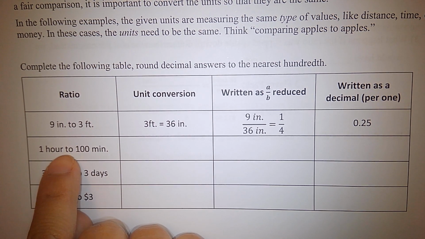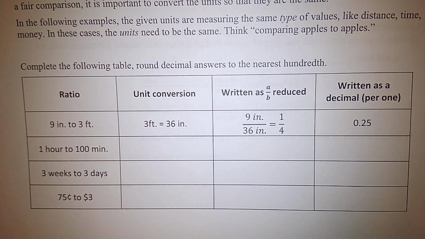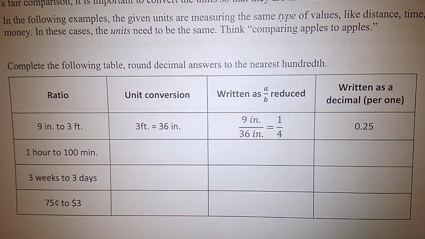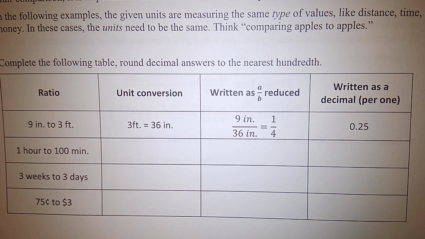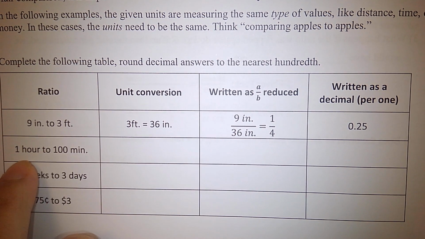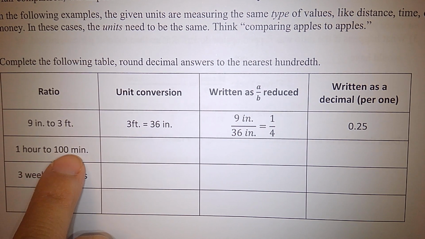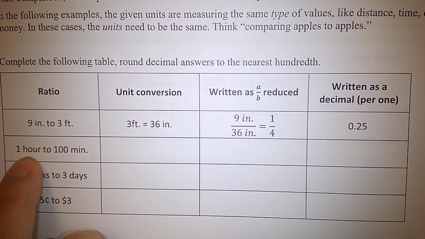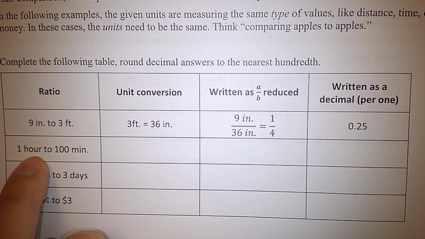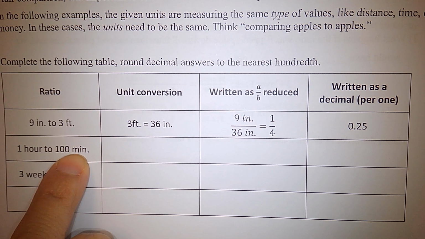1 hour to 100 meters. For this ratio, we have two quantities, 1 hour and 100 meters. Now I'm asking you, do these two quantities have the same units? Can we compare them?